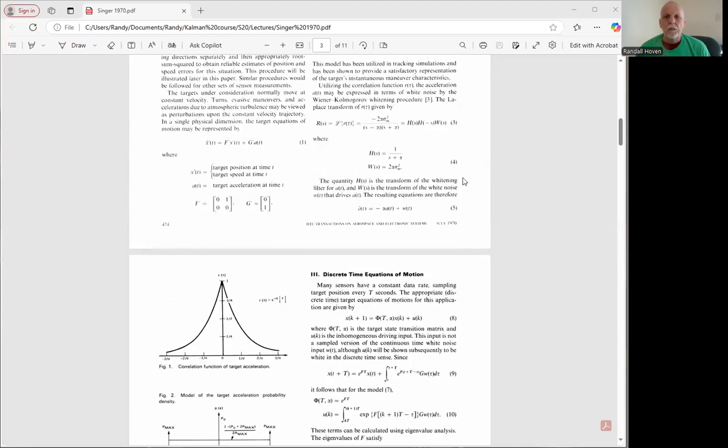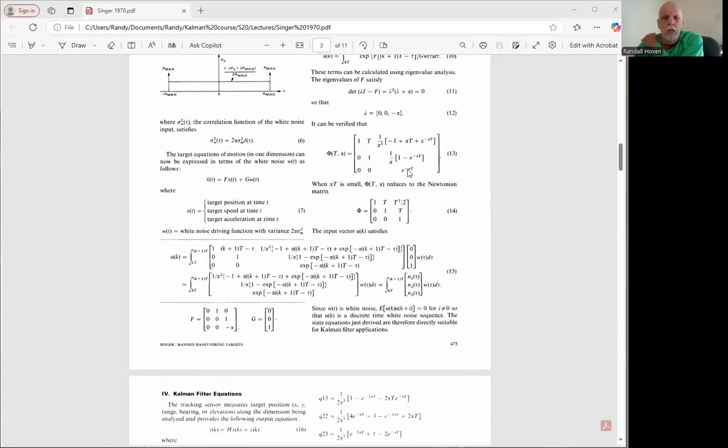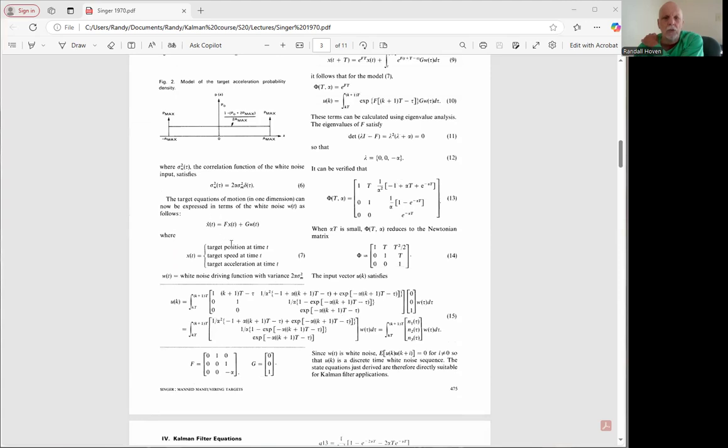And what else does he do? Oh, we get the acceleration by sending white noise through this first order linear system. Remember when we did random processes through linear systems, probably module 4 in my course, shaping filters, whitening, and that allows you to add a state for acceleration.